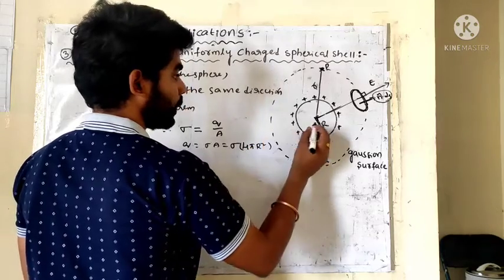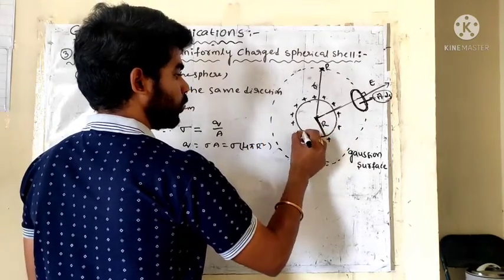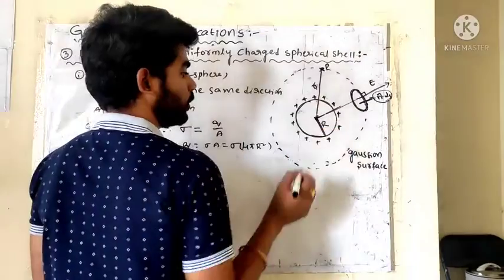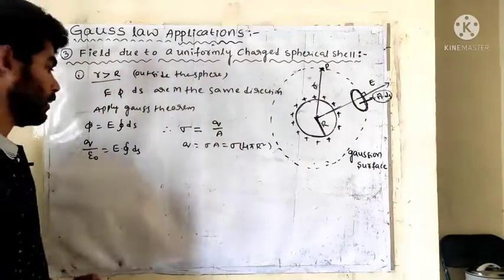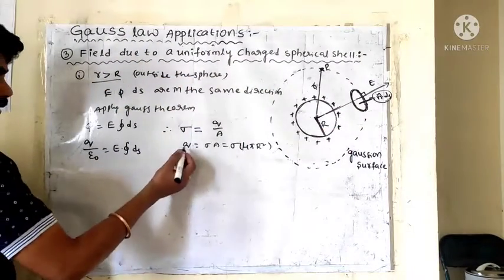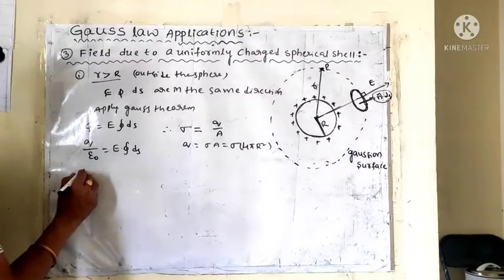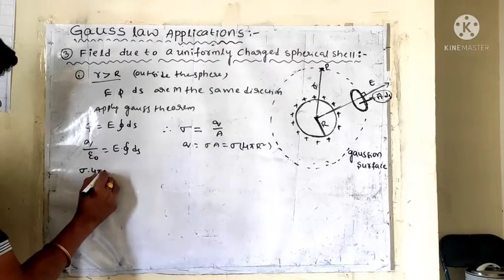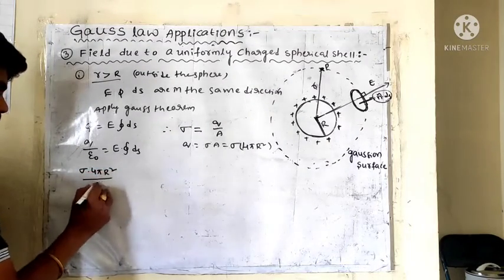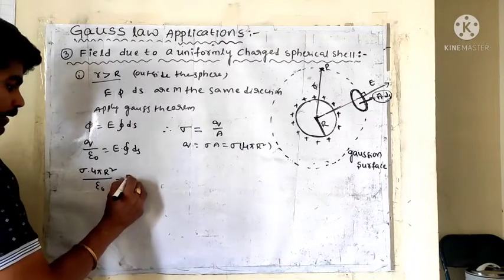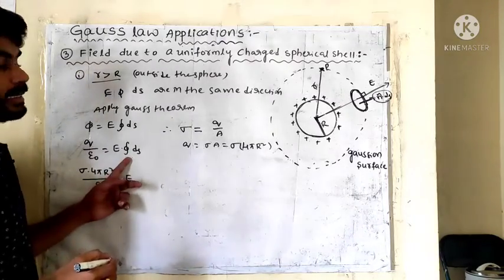I am taking capital R because this body's radius is capital R. So substitute the q value: q is equal to sigma into 4 pi R square, and E into integral ds is equal to that divided by epsilon naught.